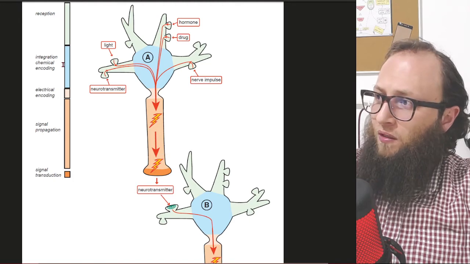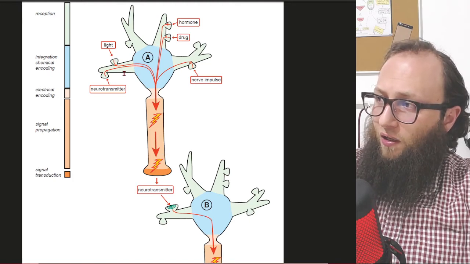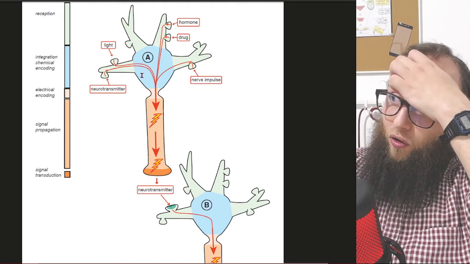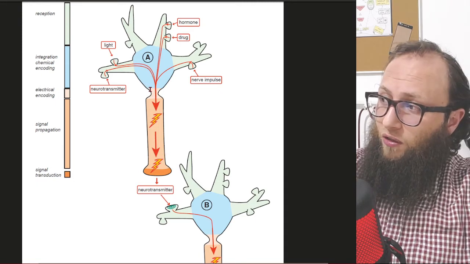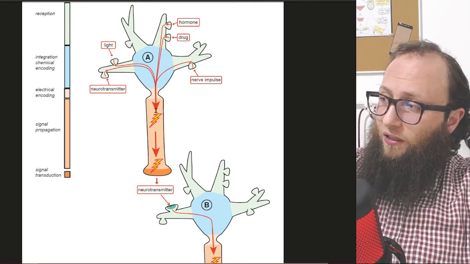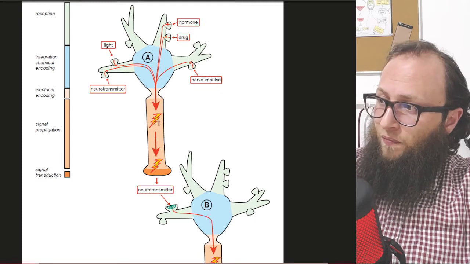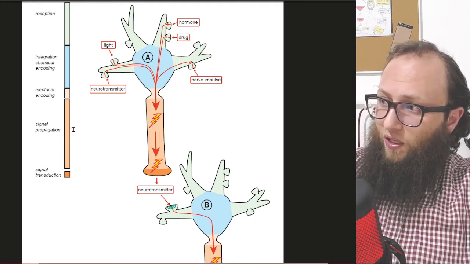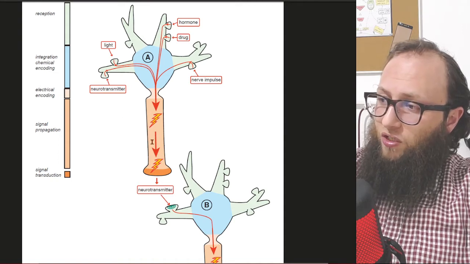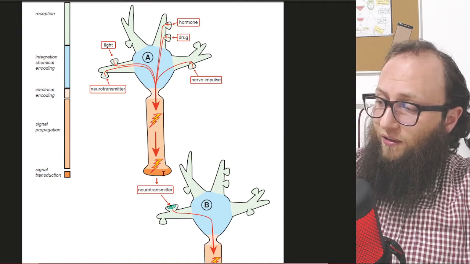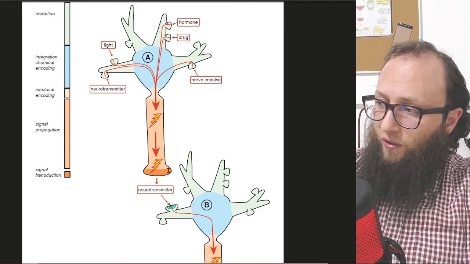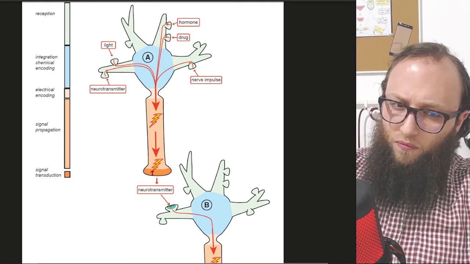So we have an integration of chemical encoding, then electrical encoding. We will have this electrical signal carried by the axon and transmitted to the terminal of the axon. So we have signal propagation, then signal transduction to the terminal of this first neuron.